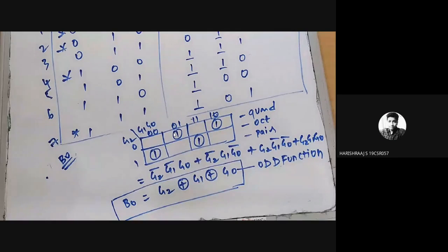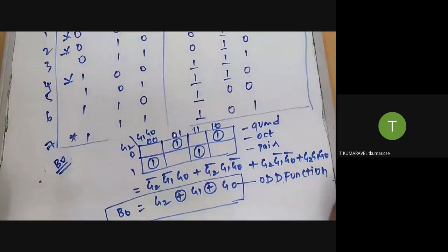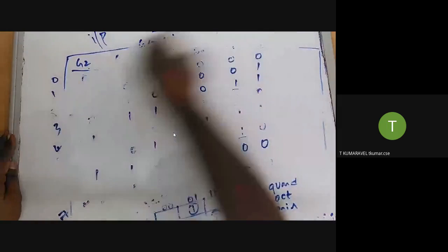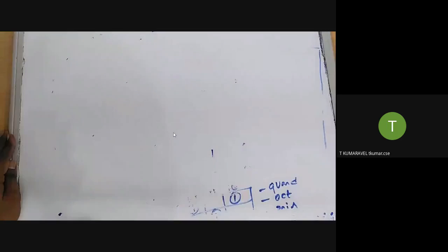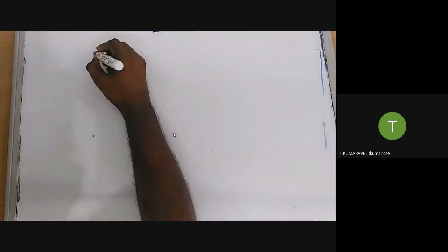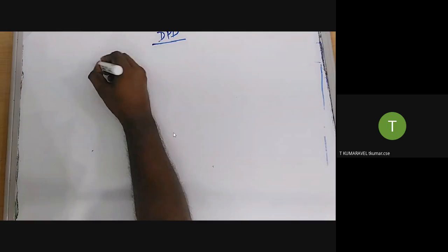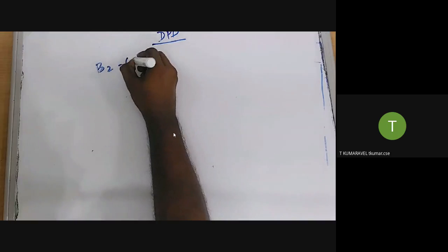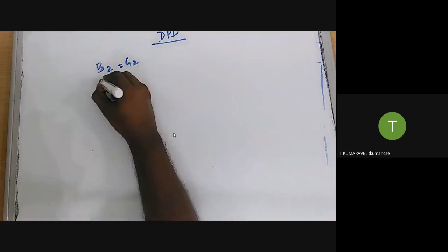Okay, now we have successfully formed the Boolean expressions for all the variables. Now our job is to draw the circuit diagram for those Boolean functions. What is the Boolean expression for B2? B2 is G2. What about B1?